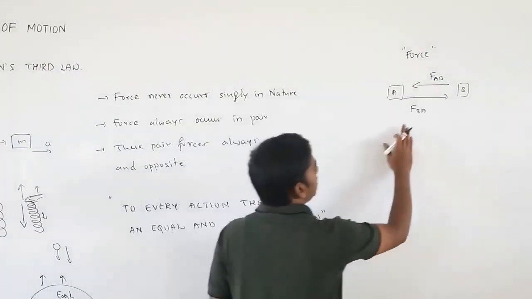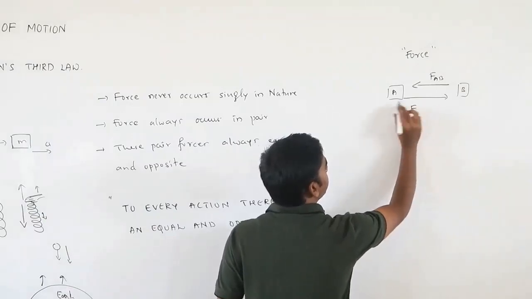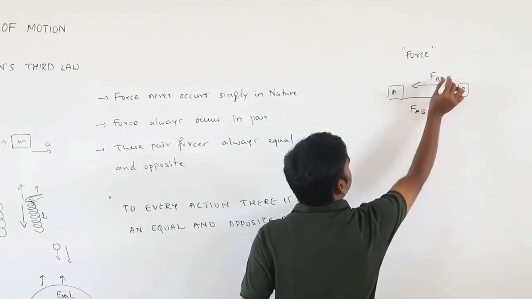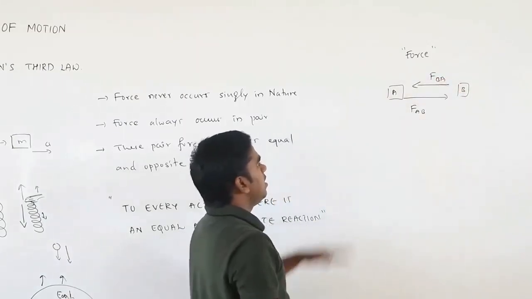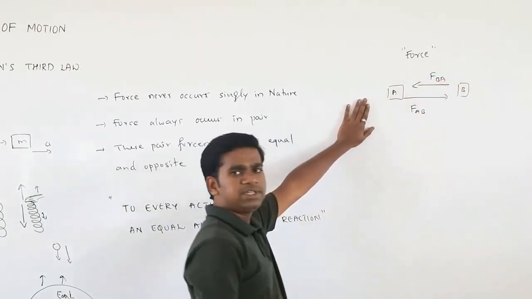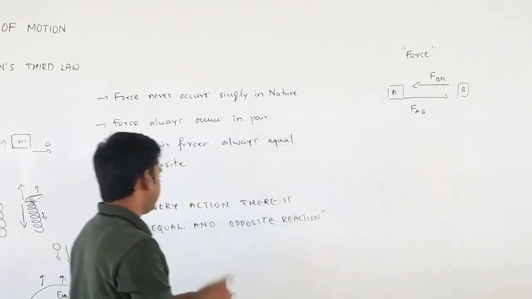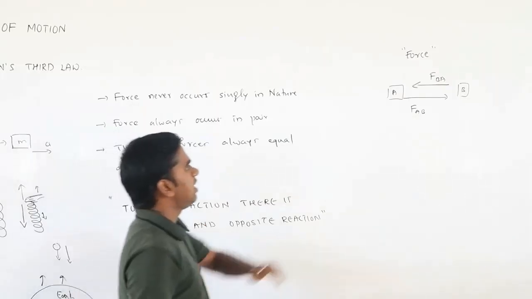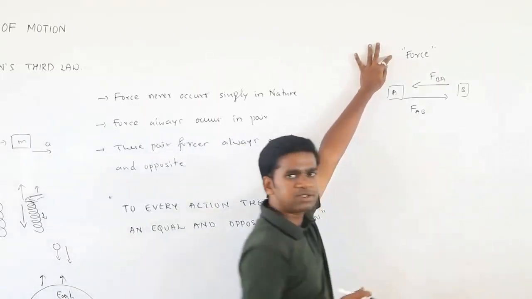You can use symbols like force applied by A on B and force applied by B on A. These two forces are equal and opposite. He is telling that. That is the meaning of equal and opposite action and reaction here. Action and reaction is nothing but force, not something else.